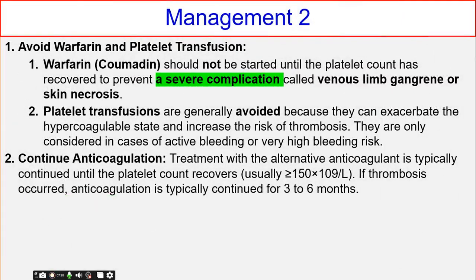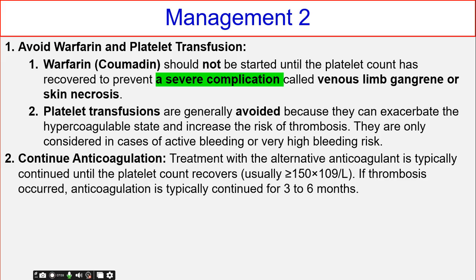What about Marivan or warfarin? We can go with warfarin only after the platelet count has recovered. Because if we give warfarin in the acute attack, the thrombosis of the peripheral veins becomes more obvious, and skin gangrene or limb gangrene can occur. So we postpone warfarin until the platelet number recovers.